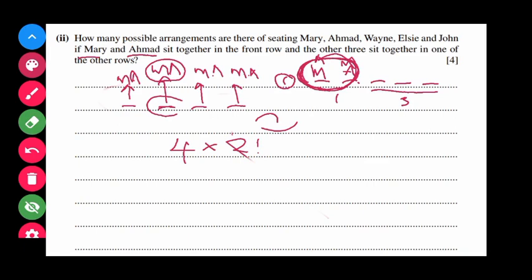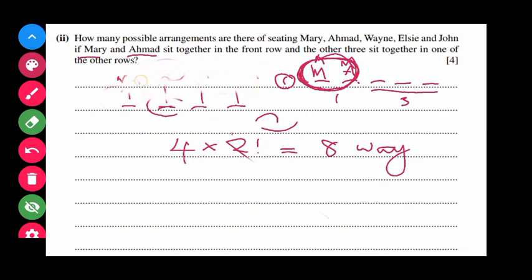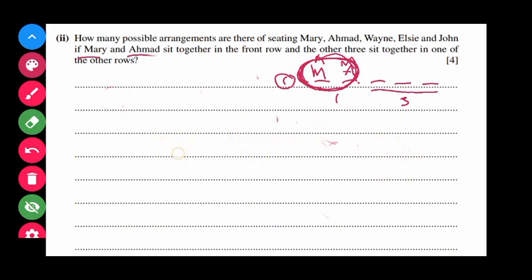So we get 4 into 2, that is 8 ways. That means in the front row, Mary and Ahmad can be arranged in 8 ways. Let us see the remaining part. Front row, Mary and Ahmad can be arranged in how many ways? 8 ways.